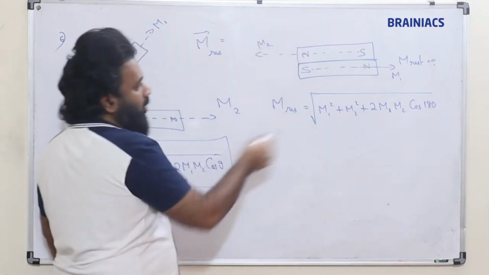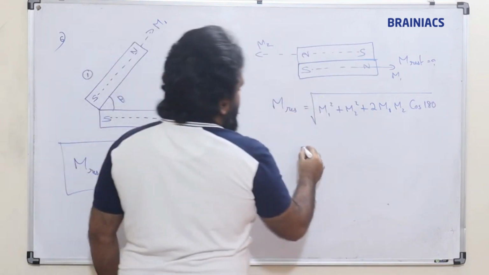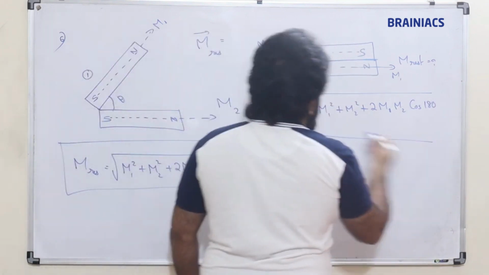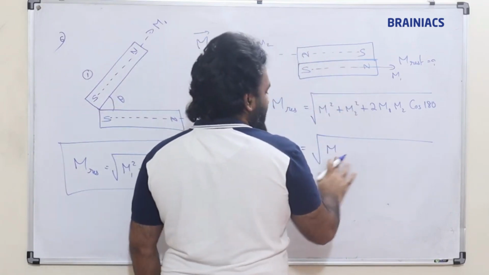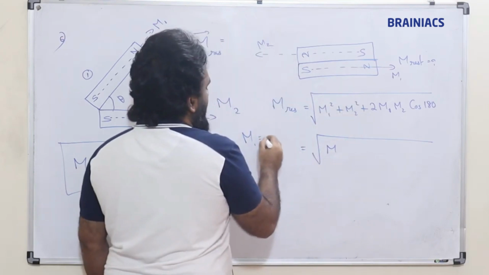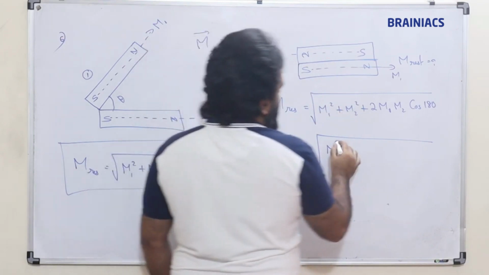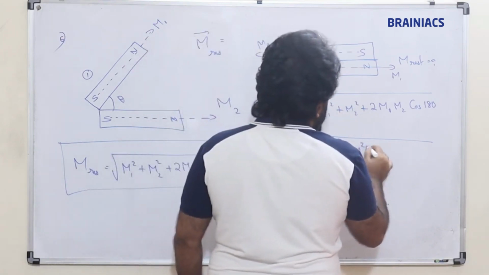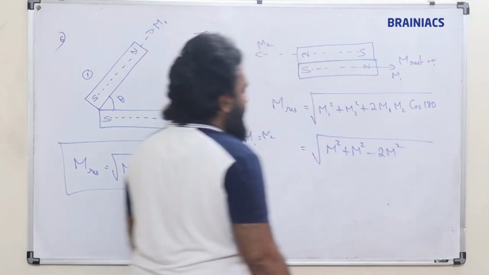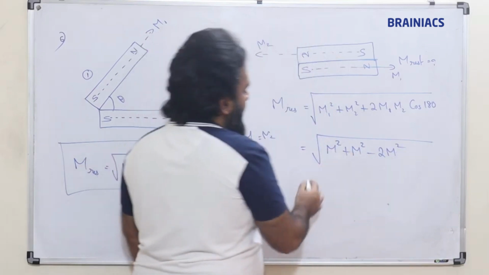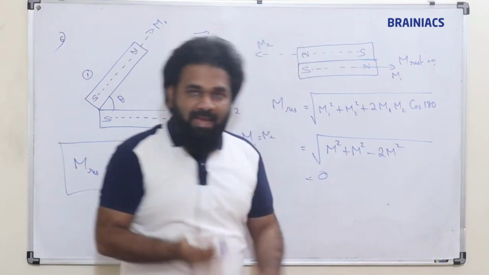Not 90, cos 180, because both are in opposite directions. If M1 is equal to M2, this is going to be M square plus M square minus 2 M square. If they are the same, their magnetic moments will get cancelled out.